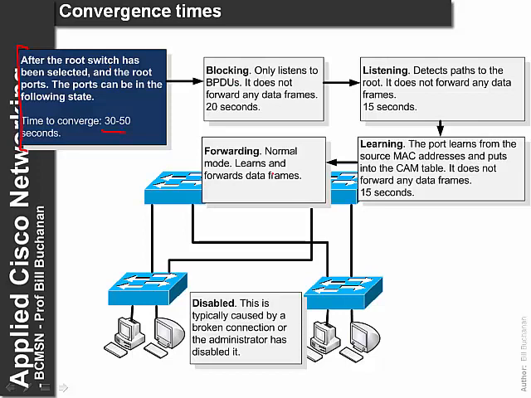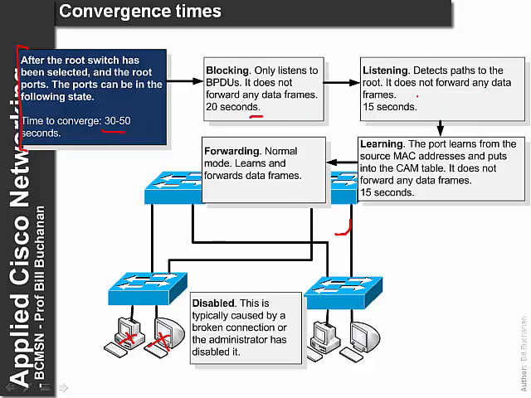The first phase that happens is basically a lockdown for the network, where all the ports go into a blocking phase and they do not listen to any data frames. So no traffic can flow in the network while this happens, and the ports only listen to the BPDUs. It typically takes about 20 seconds.